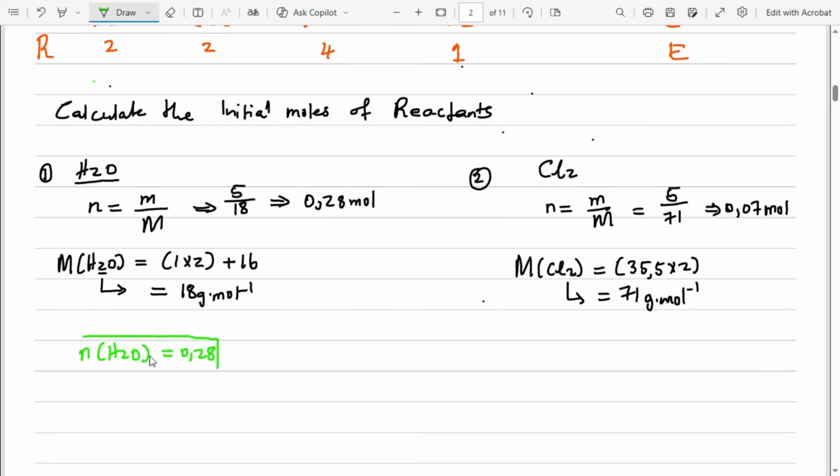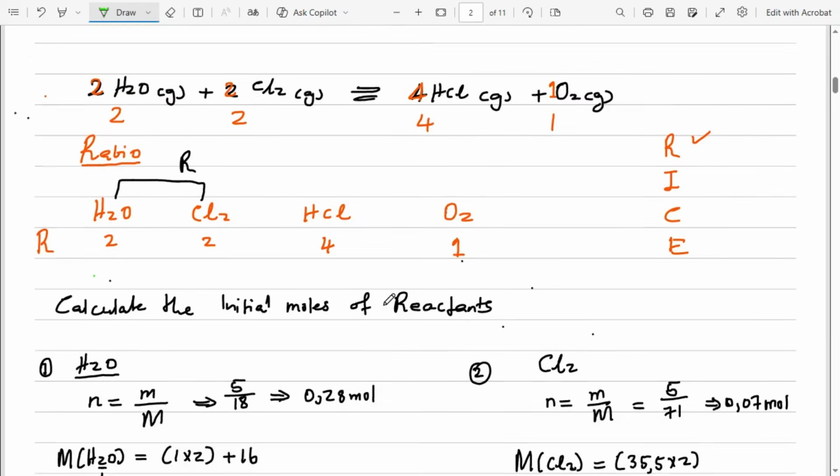This is very important. I'm just going to put this inside the box, and then the number of moles of Cl2, which we just got as 0.07 mole. This is also important.